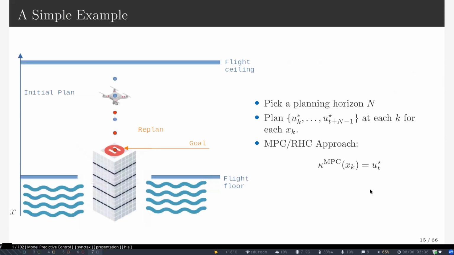Just a simple example. It's a very simple scenario. You can think about things that move a bit easier than electrons. So if I have a flight ceiling of some quadcopter, this is when quadrotors were just used for humanitarian application.